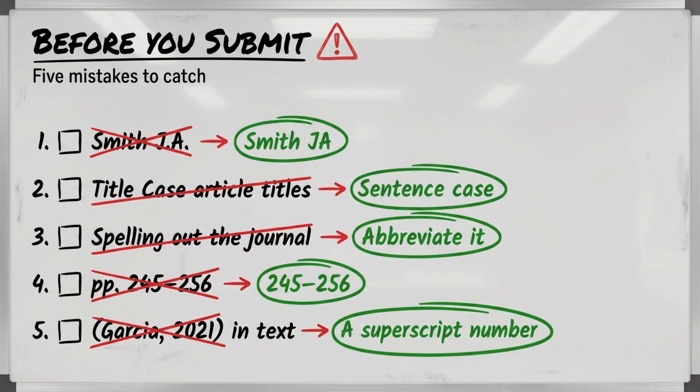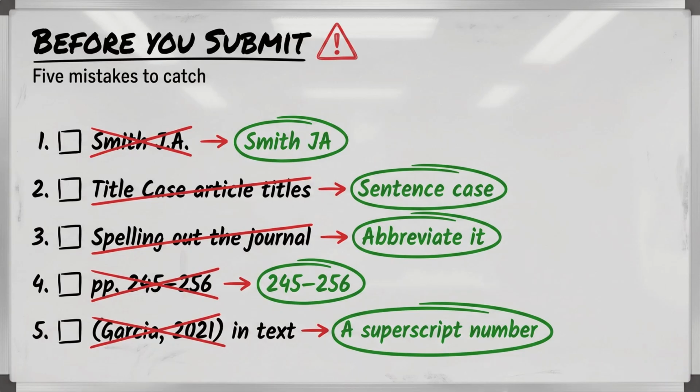Now before you submit your work, let's quickly review 5 common mistakes. These are the errors that trip up most people. If you catch these 5, you'll avoid the vast majority of AMA style issues. First, always remove periods and spaces from author initials. Second, change any article titles from title case to sentence case.